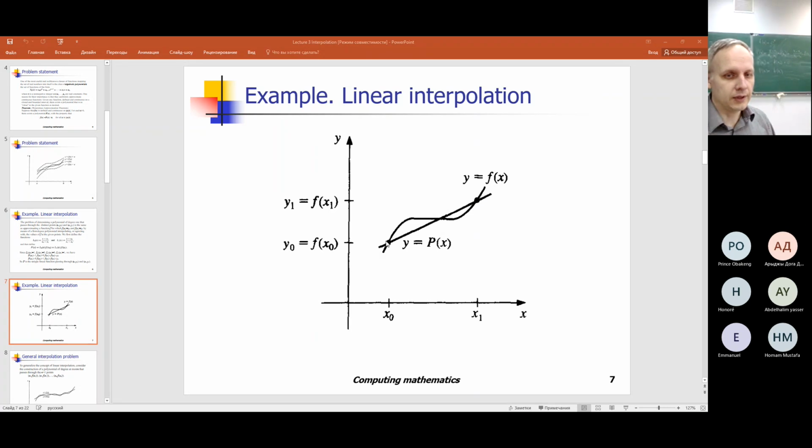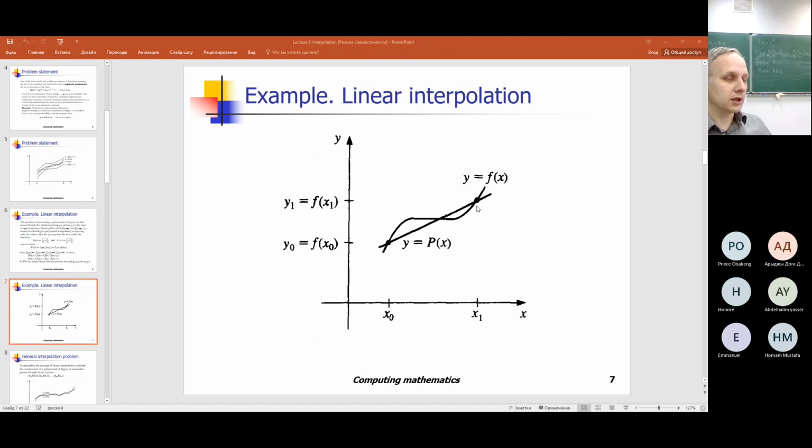This polynomial passes through these two points. It's a line, yes? And I can say that this line interpolates the data between x0 and x1.